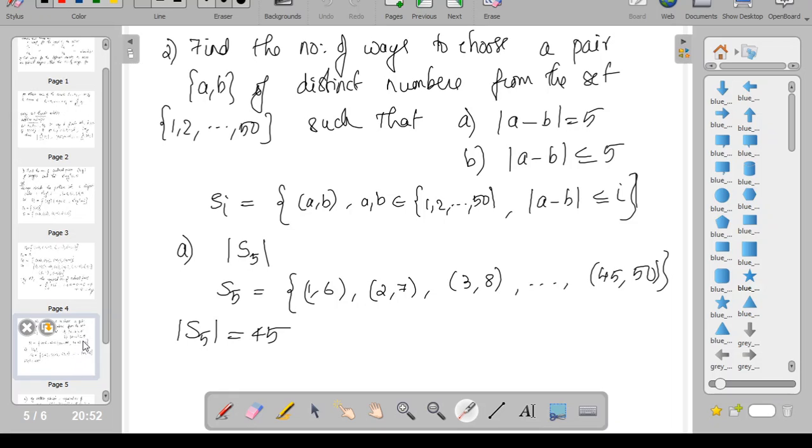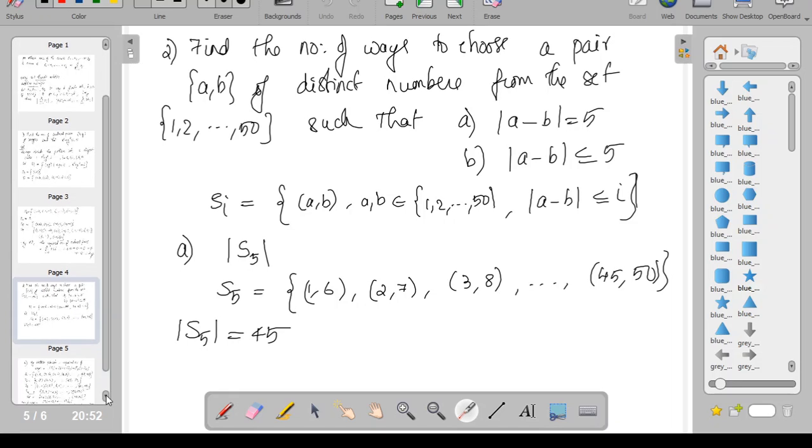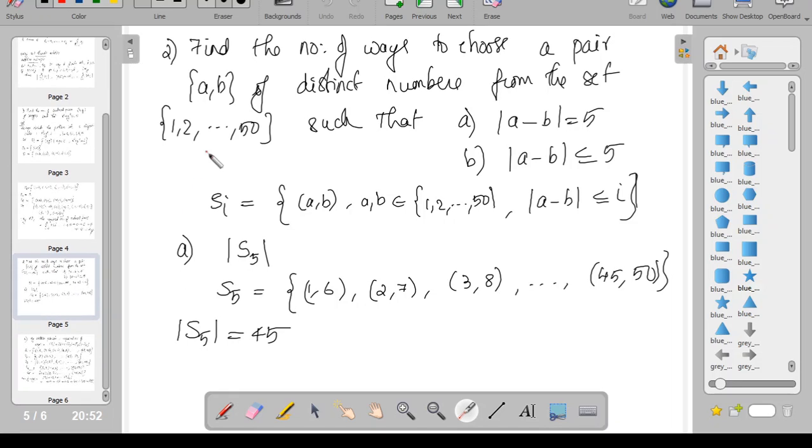The next problem is: find the number of ways to choose a pair (a, b) of distinct numbers from the set 1, 2, etc. up to 50 such that modulus of a minus b is equal to 5, and modulus of a minus b is less than or equal to 5.